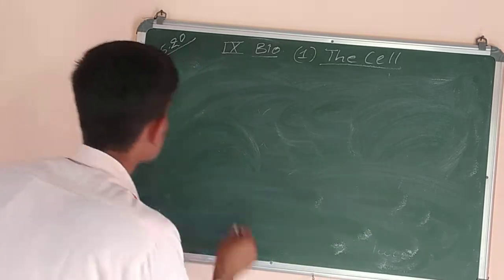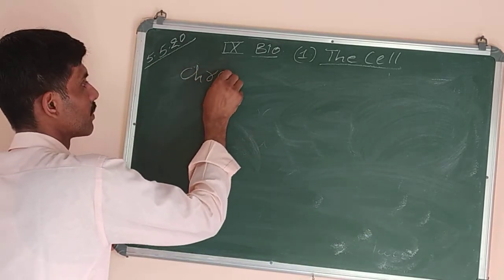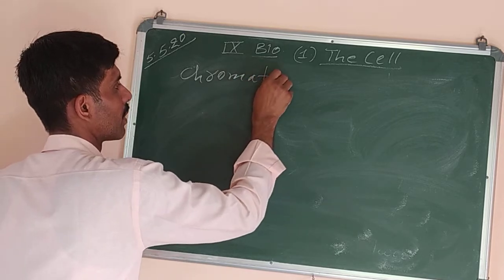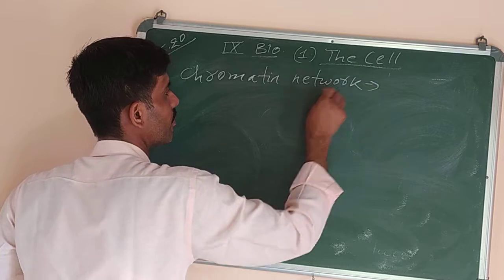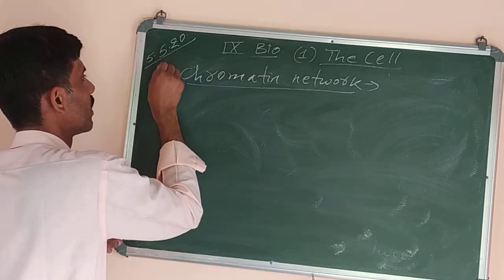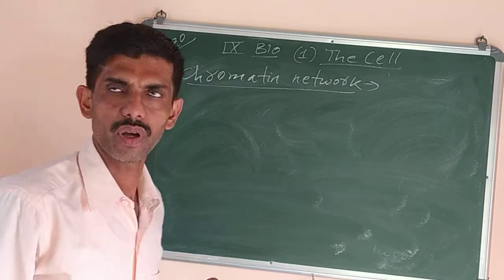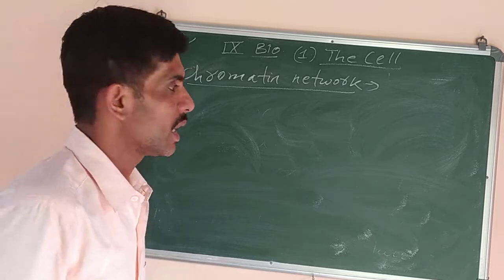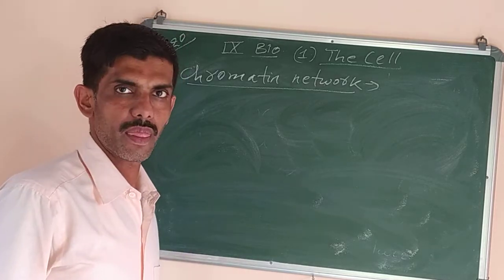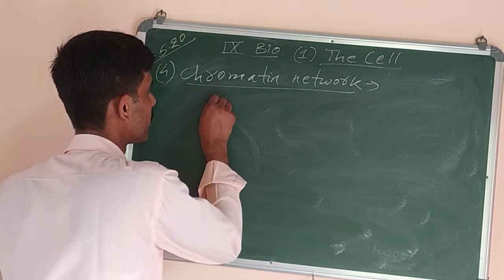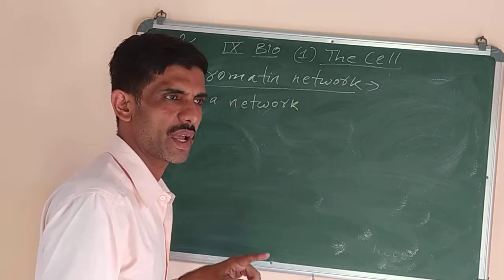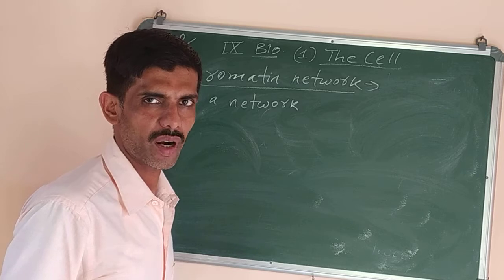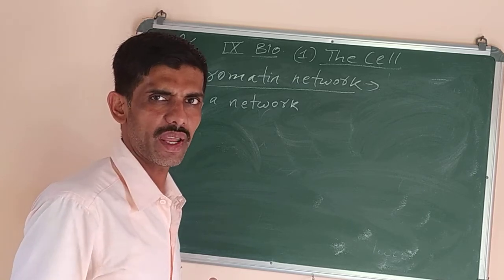Now next one is chromatin network. This was the fourth part of the structure of the nucleus. What is chromatin network? It is a network, because all the threads which appear like rod-like structures are intertwined.